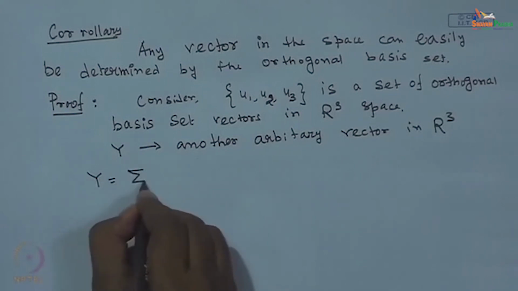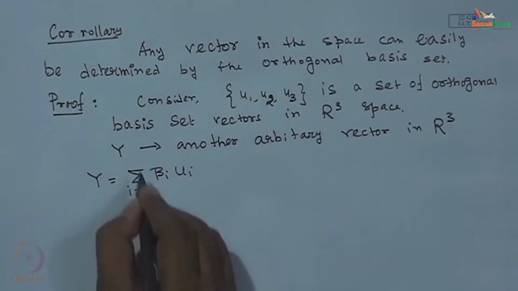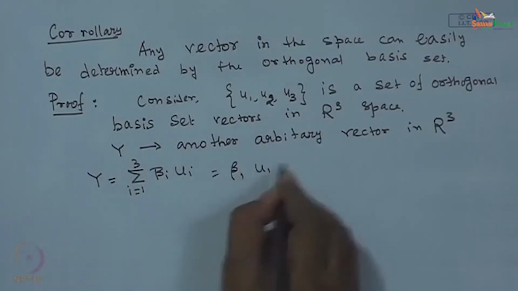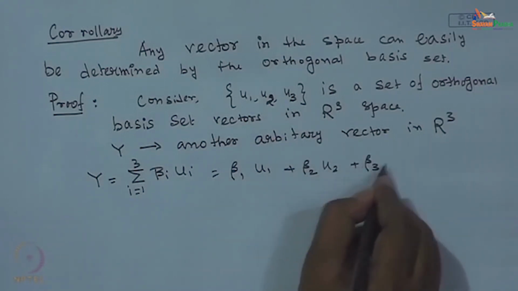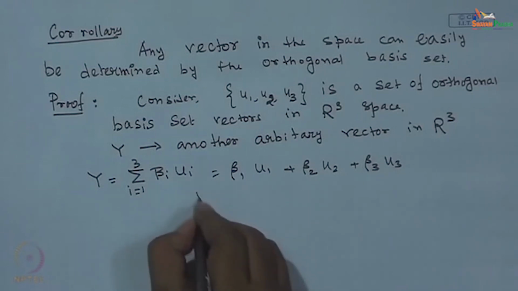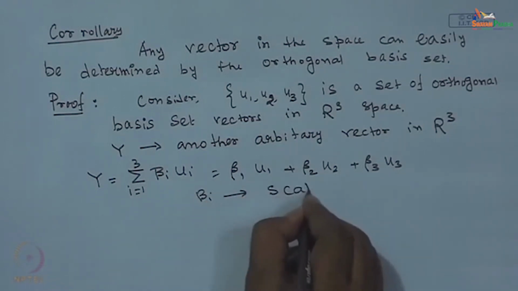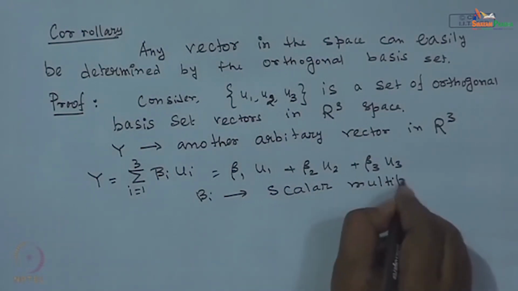That means, y can be expressed as the sum of beta i ui, where the index i runs from 1 to 3. So, this will be beta 1 u1 plus beta 2 u2 plus beta 3 u3, and these beta i's are nothing but the scalar multipliers, as these are the linear combination.